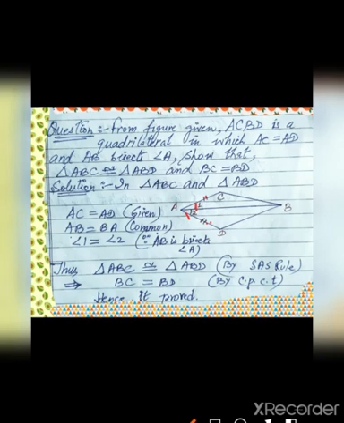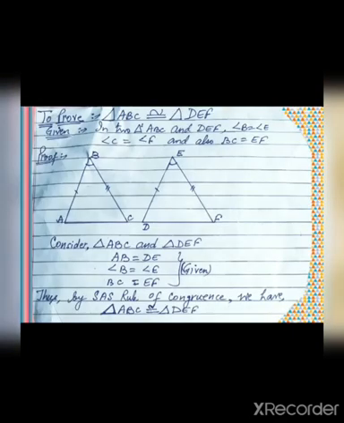So BC becomes equal to BD. So both parts are now proved. First, the triangles are congruent, and with the help of congruency, BC is also equal to BD. Hence it is proved, right?